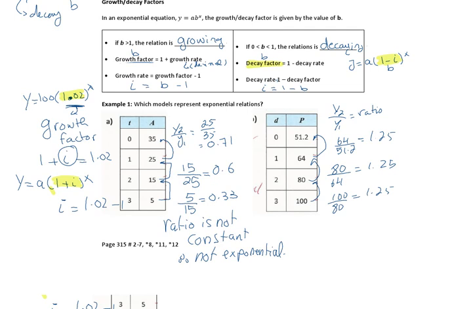So, you see how my ratios are constant here? So that means it's an exponential function. We call it first ratio, but you can just say ratio.